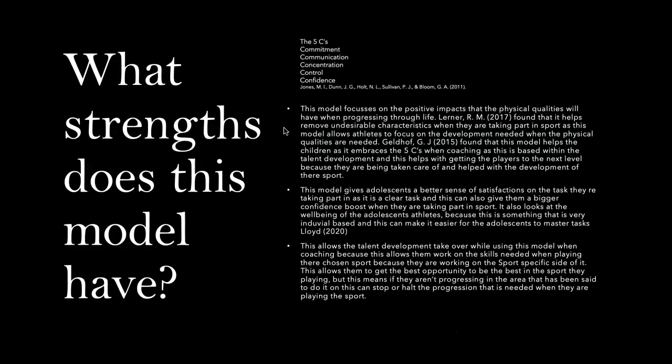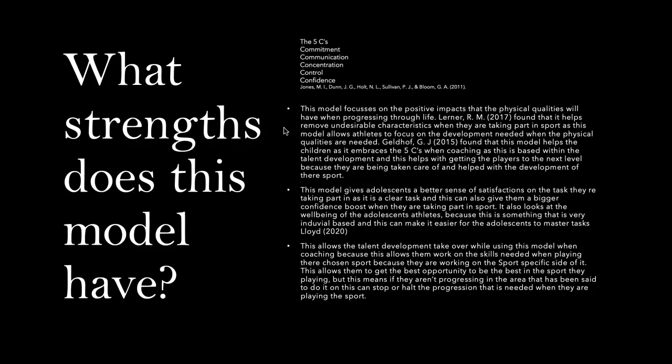So what are the strengths? The strength of this model is that it helps with the one-to-one. It gives the child the opportunity, alone with the coach or teacher, to ask questions and express themselves in a different way. That one-to-one care will give children a better chance of progression to the next stage, the next chapter within their chosen sport as well.